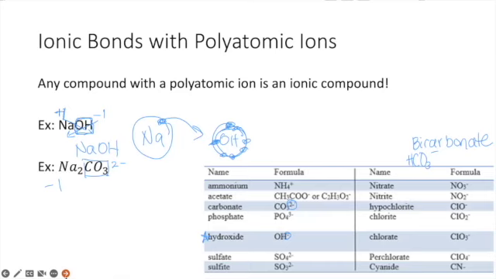Oh my gosh. Okay. So here's the kicker with polyatomic ions, right? If we do our swap rule here, this subscript still needs to be included, and it does not interfere with our -1.